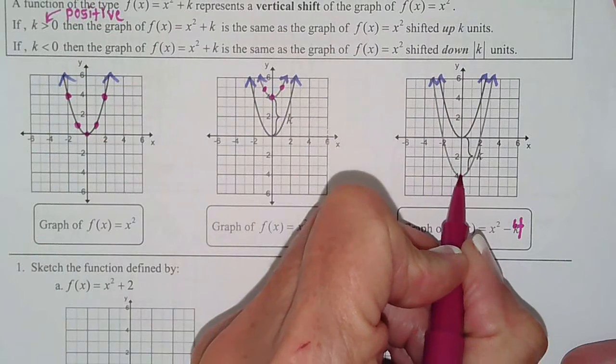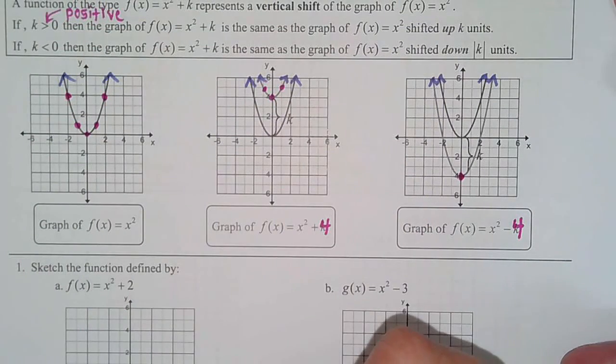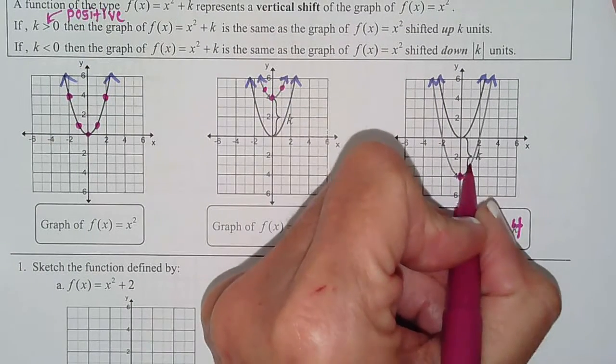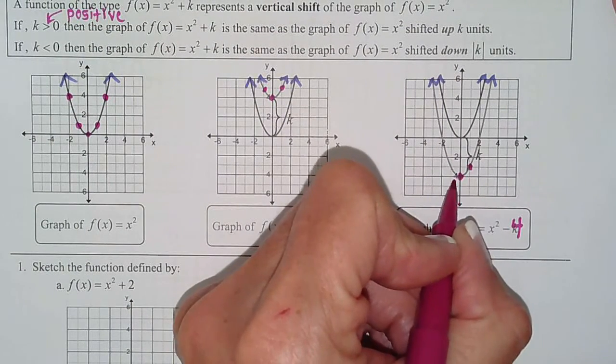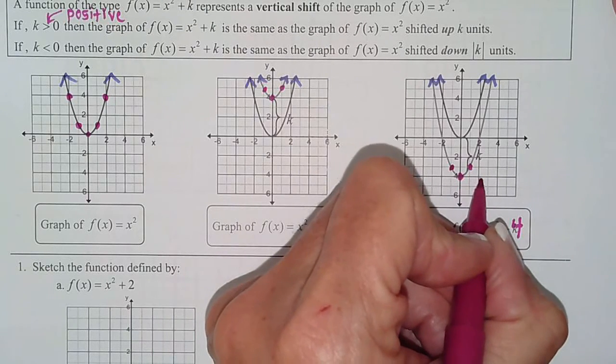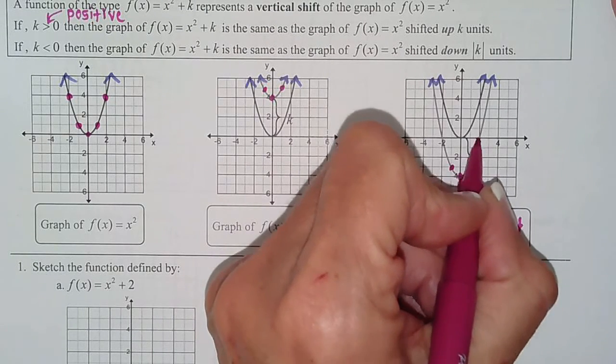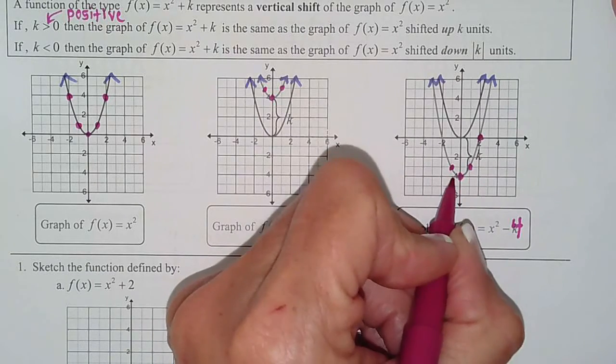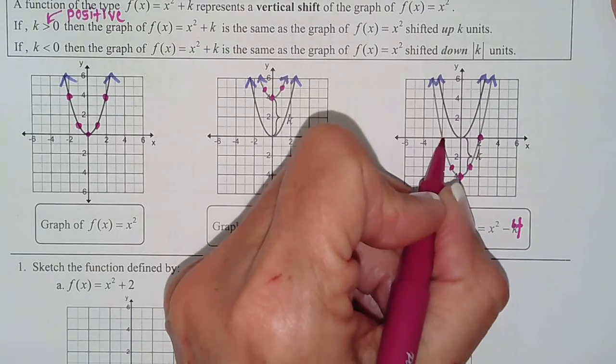Same thing when you shift it down. So you shift it down 4 units, then you go over 1, up 1. And then you reflect that point. Left 1, up 1. Then you go over 2 from the vertex, up 4. Then you go left 2 from the vertex, up 4.